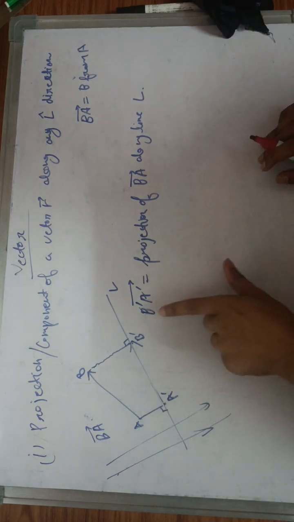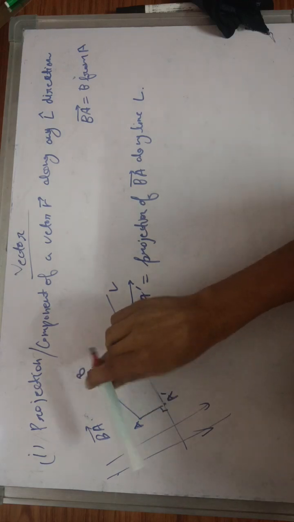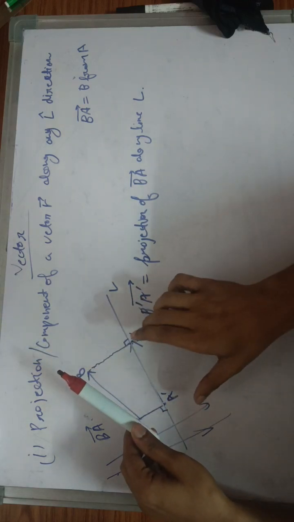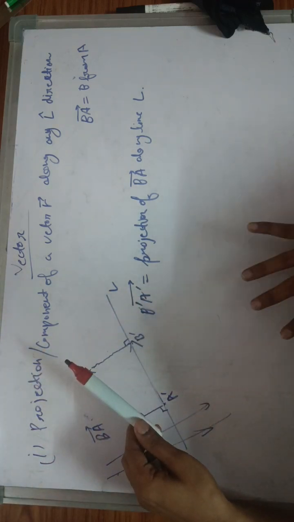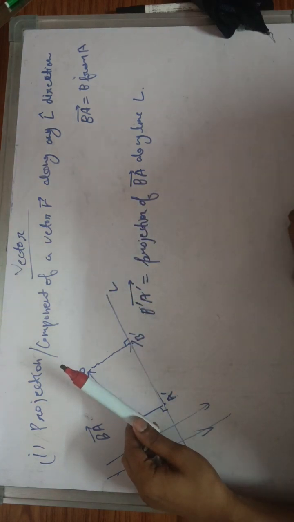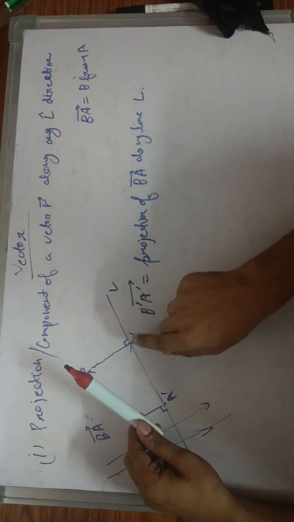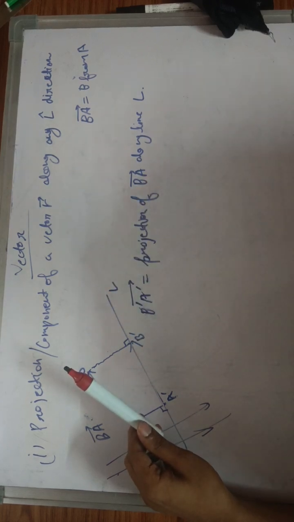So this is what the projection of any vector means. We take the projection by assuming that there are rays falling perpendicular to it. Then this is what the new length looks like, and the direction points along the line.